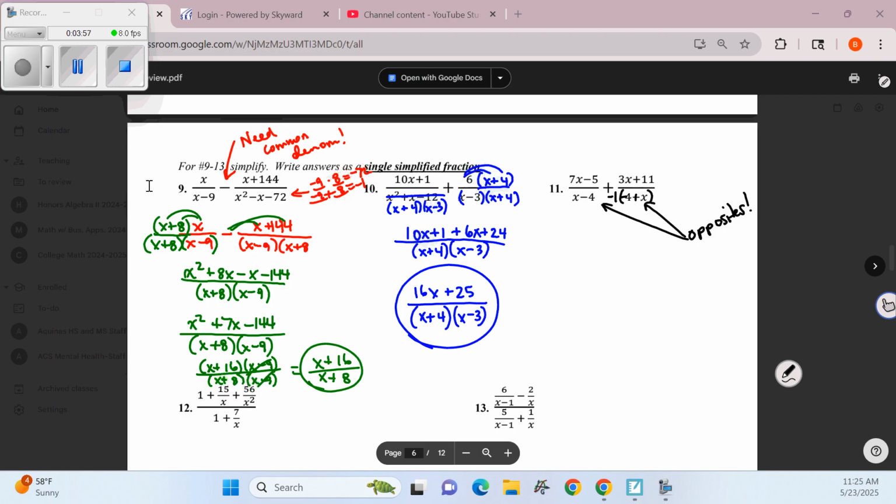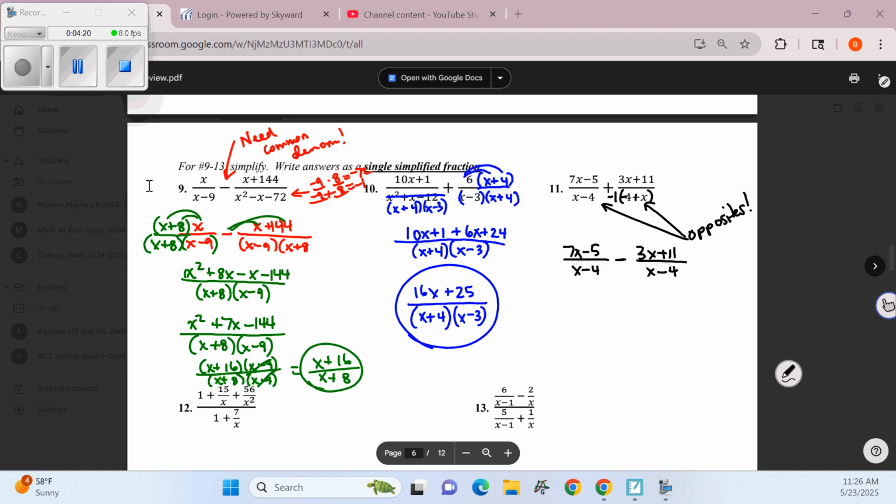So really what we do is just switch the sign in the middle. This stays 7x minus 5 over x minus 4. We can move that negative in the denominator up to the middle of the fraction, and then we've got minus 3x plus 11 all over x minus 4. So we just have to switch the signs, which switches that sign in the middle.